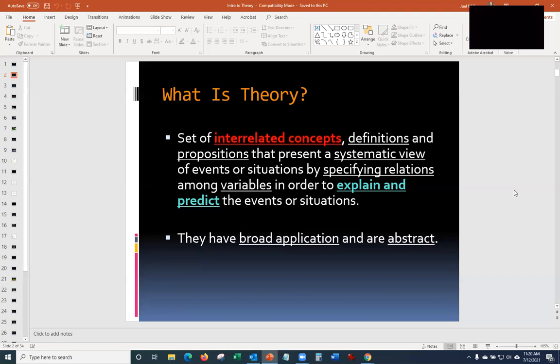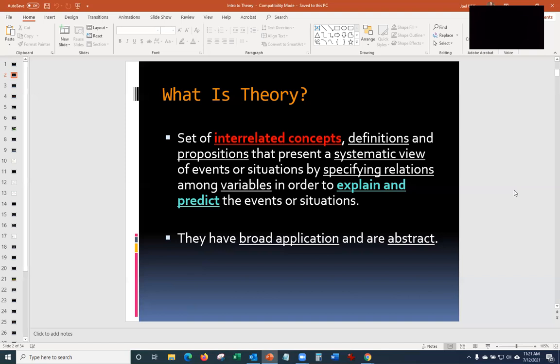But if the theory is a good, robust theory, it will also work for other behaviors. So you can take, for example, the trans-theoretical model, which was designed specifically to study cigarette smoking, and we can apply that to, and keep in mind that cigarette smoking is a risk-taking behavior, so we can apply that to other risk-taking behaviors like unprotected sex or something along those lines, even alcohol and drugs.